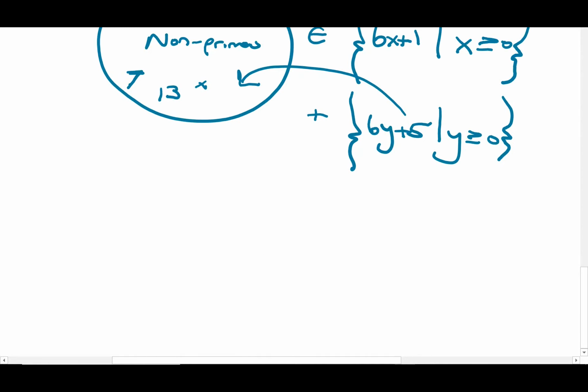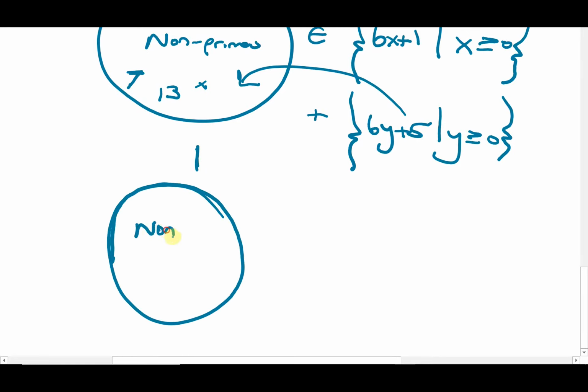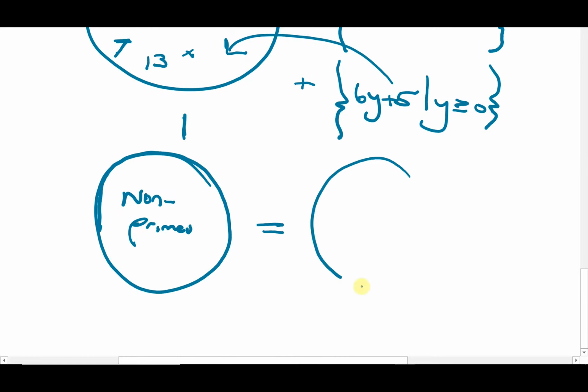But what if you take this set and you subtract the non-primes? So we're subtracting that. Well, we're going to end up getting the set of primes.